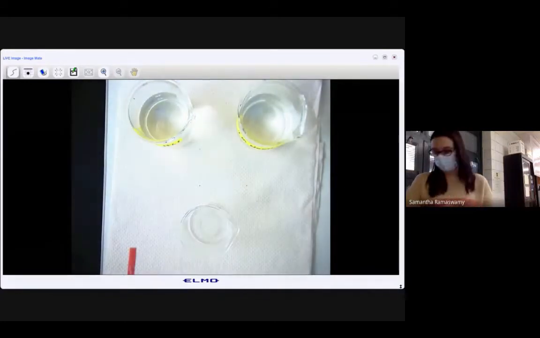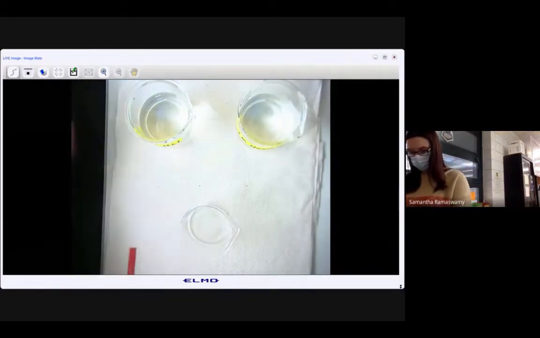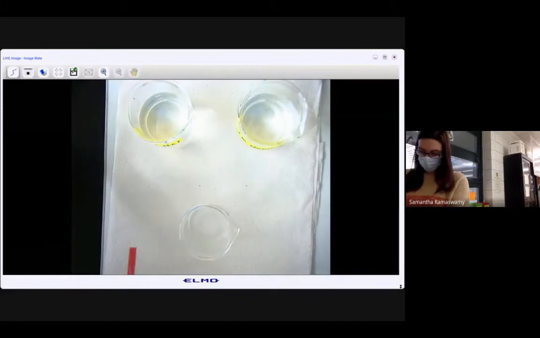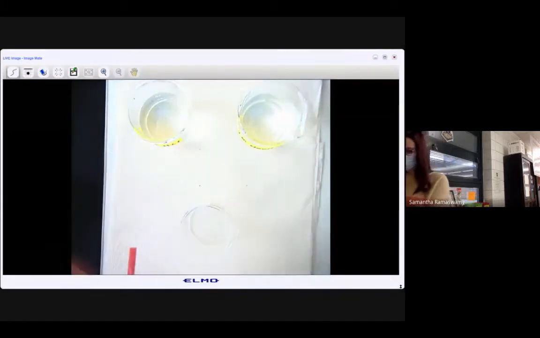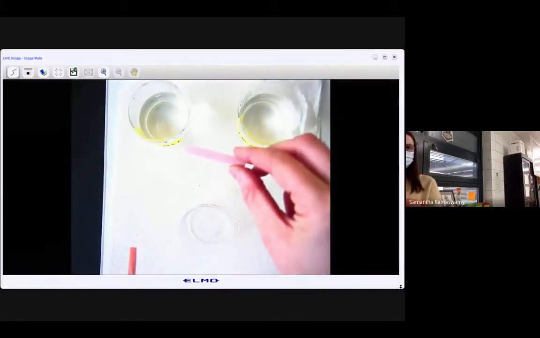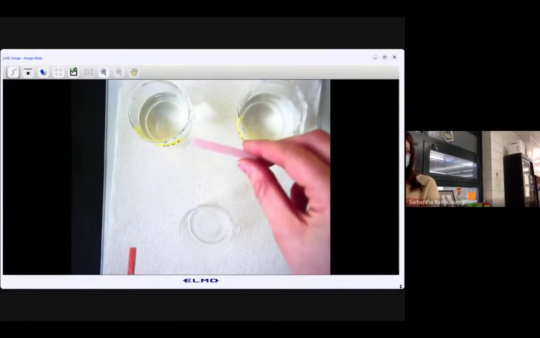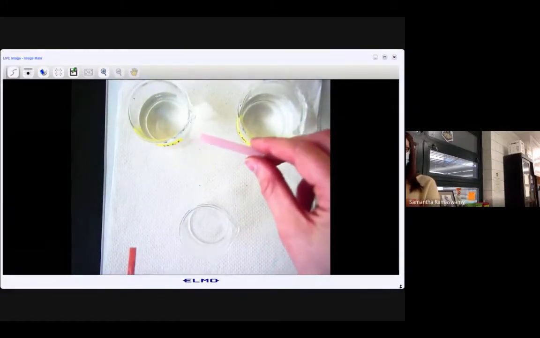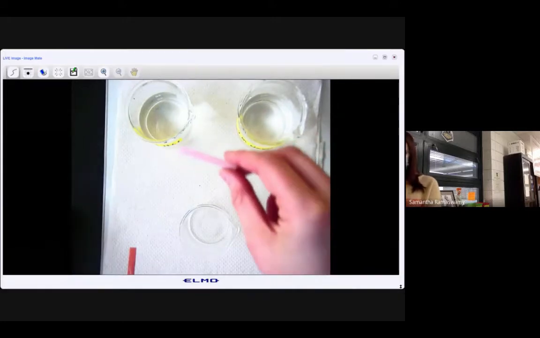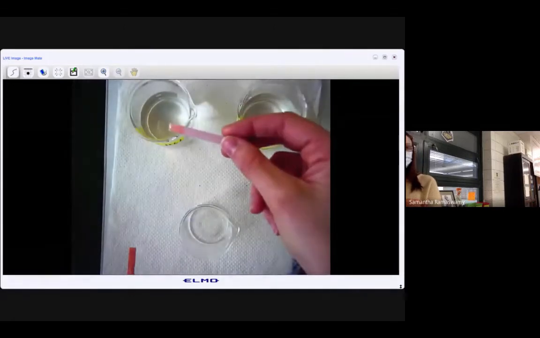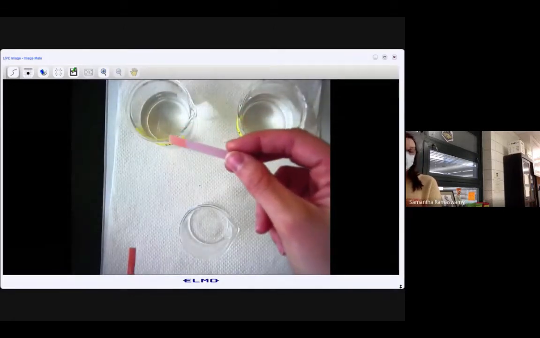I could do the same thing with blue paper. If I dip a piece of blue litmus paper in an unknown solution and it stays blue, that tells me that it's a base. If I dip this into an acid and it turns red, that tells us that it's an acid.